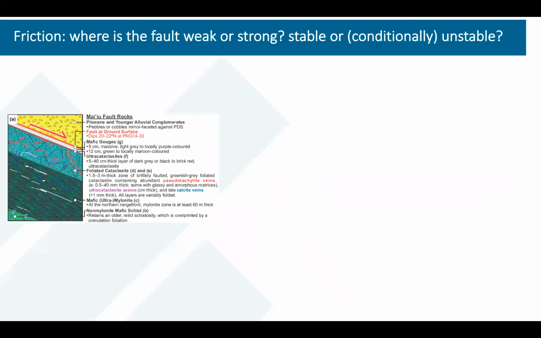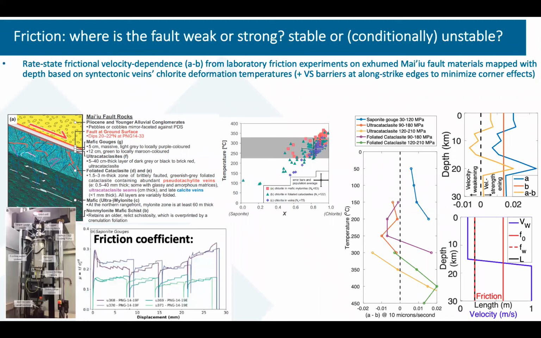Okay. We've already talked about this, but the friction on the Mayu Fault is pretty well constrained from the field and lab experiments. And so in our dynamic rupture models, we are extrapolating the results from the lab onto a fault profile with depth based on, so these are syntectonic veins, and chlorite within the syntectonic veins gives a deformation temperature.